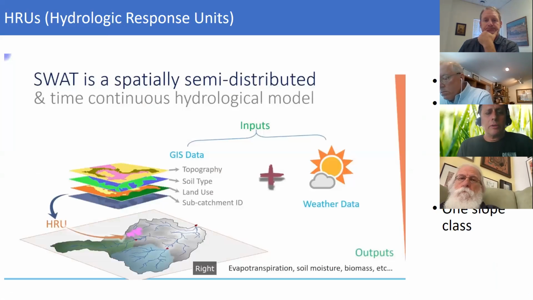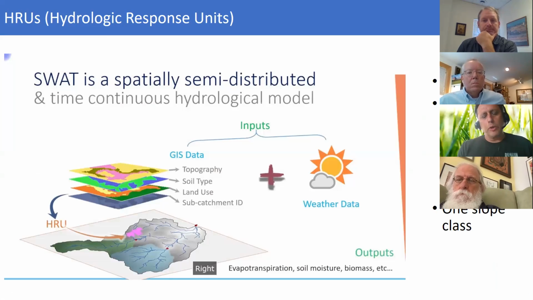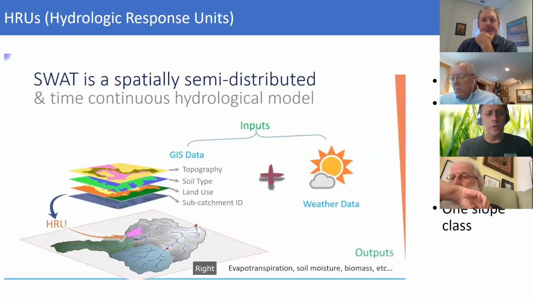So SWAT takes all this information, lays down all this information, and we generate these so-called HRUs, which is what is called a hydrologic response unit. So for different areas that have similar soil and land use and slope, we catalog that as a hydrologic response unit.